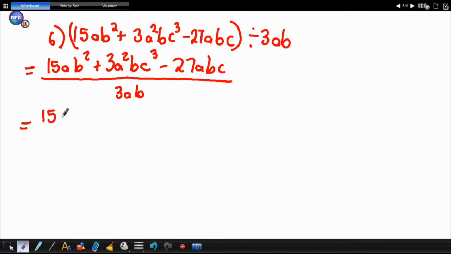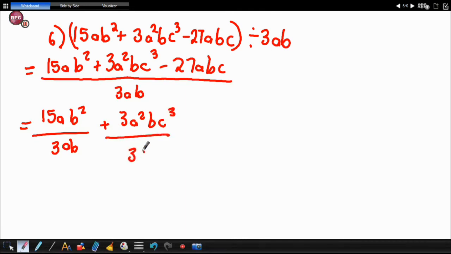So we have 15ab squared over 3ab. Then we have plus 3a squared bc cubed over 3ab. Then we have minus 27abc over 3ab. Guys, this comes from when we say if there's the same denominator, then we can add the numerators.